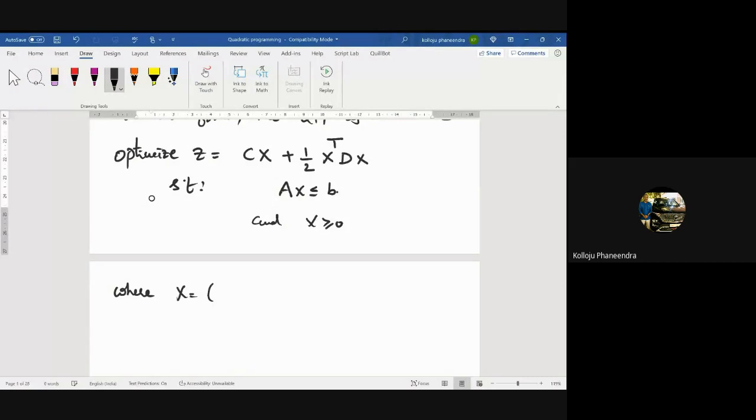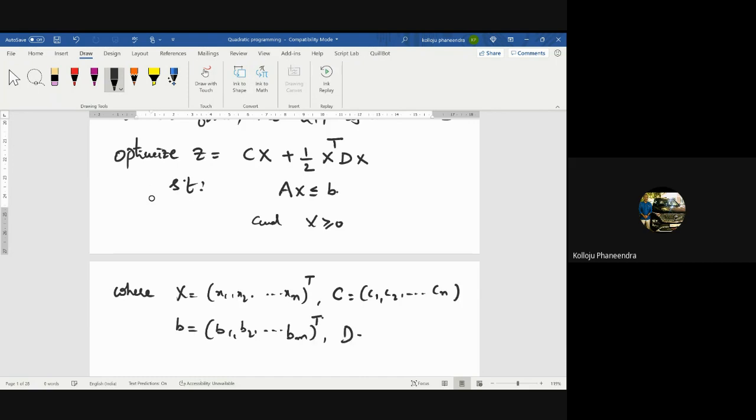Capital X, already I told you, is the solution vector, so it is always a column vector. C is called the cost matrix, C1, C2 and so on, Cn. It is a row matrix for the product Cx. Then if I take C into X, I will get C1x1 plus C2x2 and so on. And this matrix B, the right side matrix, is also a column matrix, B1, B2, up to Bm, whole transpose.